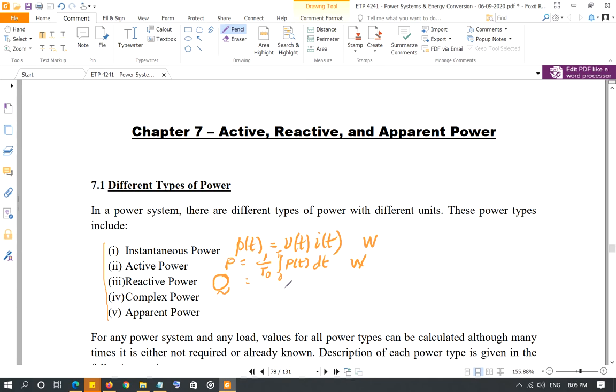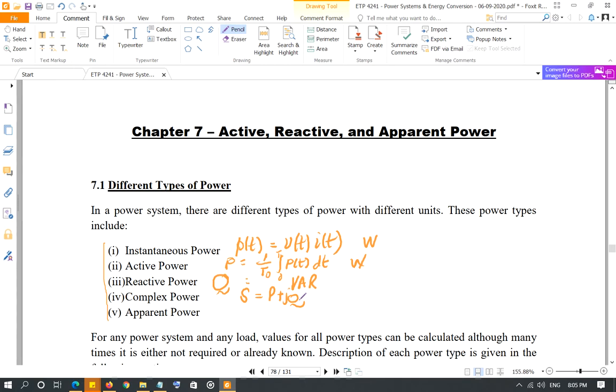So reactive power, the unit of that is volt ampere reactive, VAR. Okay, complex power. Complex power is represented by S, and it is simply P plus jQ. That is the active power plus j times Q, the reactive power.